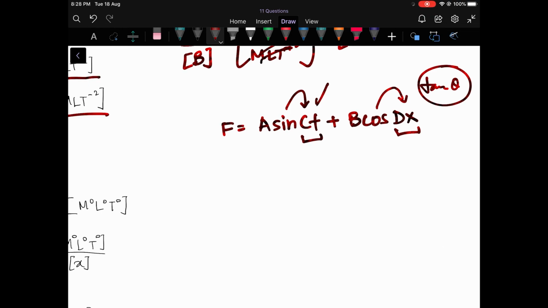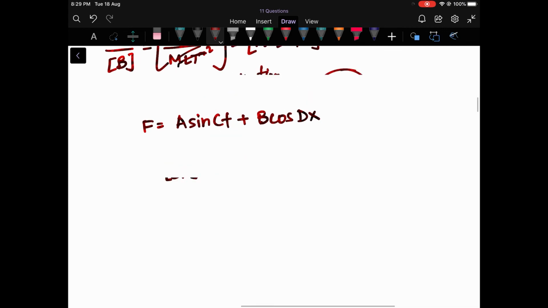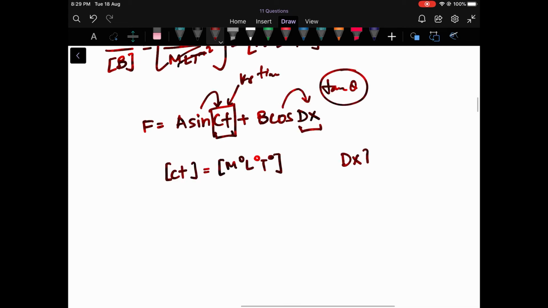We cannot have kg or time t or anything else here; this whole part, ct, must be an angle. That means ct must have the dimension of an angle, which is simply M^0 L^0 T^0, because an angle doesn't have dimensions. Even dx, which is an angle because it is inside cos, should not have any dimension. So we have M^0 L^0 T^0.